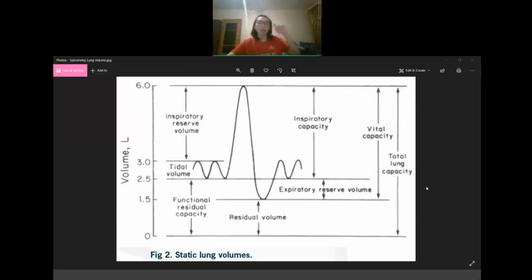I hope everybody can see the graph. Yeah? All right. Now this is the very, very basic graph that we might encounter when it comes to spirometry.